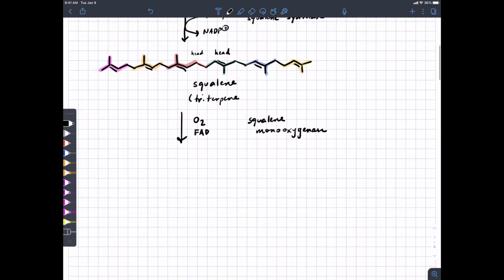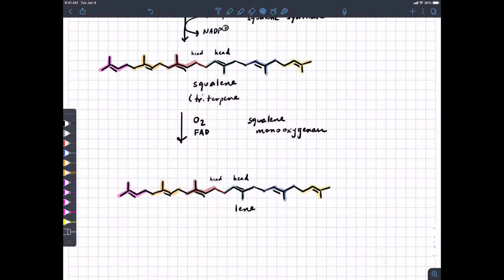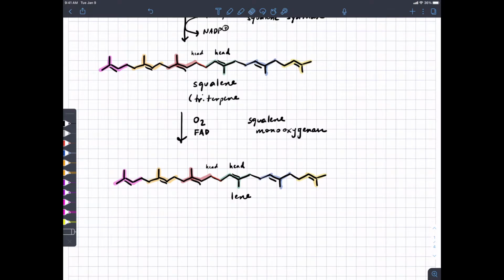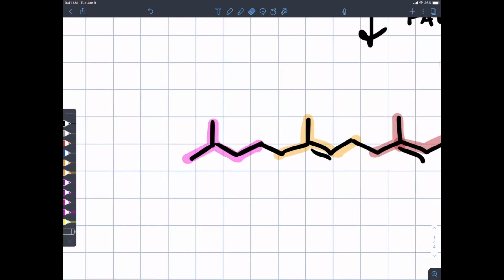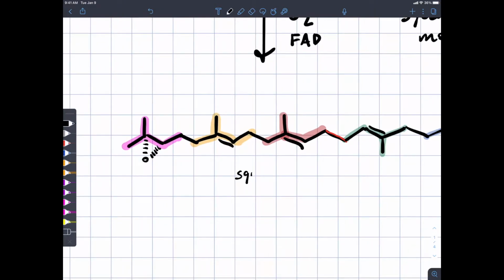But what that does is it takes squalene and it puts an epoxide at this carbon. And it happens to have this stereochemistry, which is controlled by the enzyme. Okay, so this is squalene epoxide.